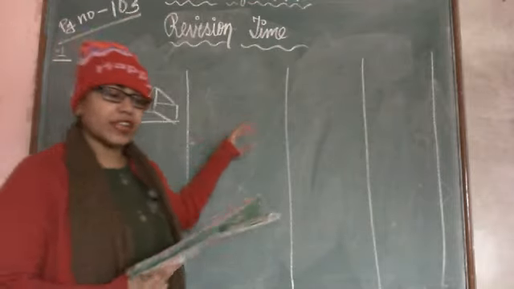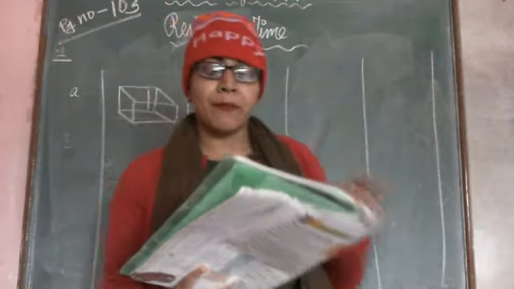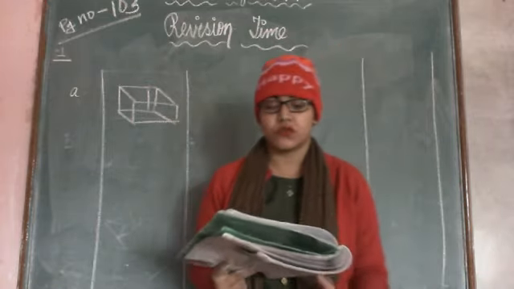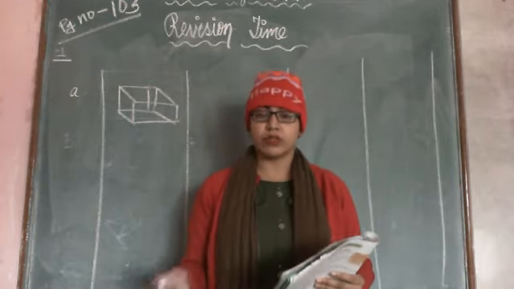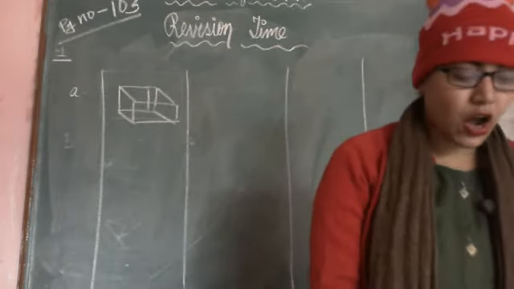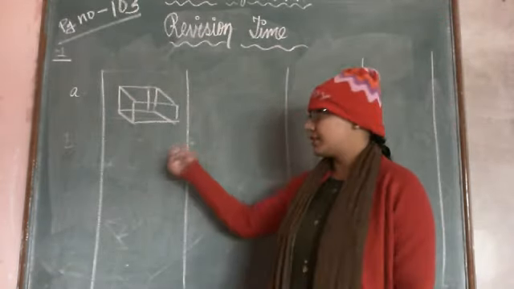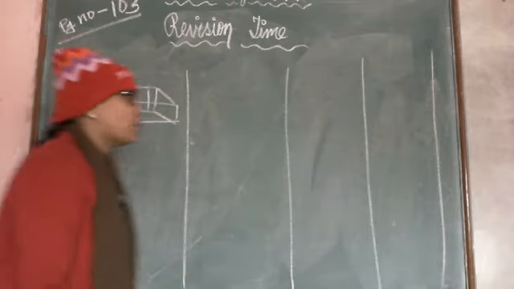Now what we need to fill is, first of all, number of vertices, then number of faces and then number of edges. So first of all, let's start with vertices. As we all know that the cuboid is having 8 vertices, but let's count one more time the number of vertices.